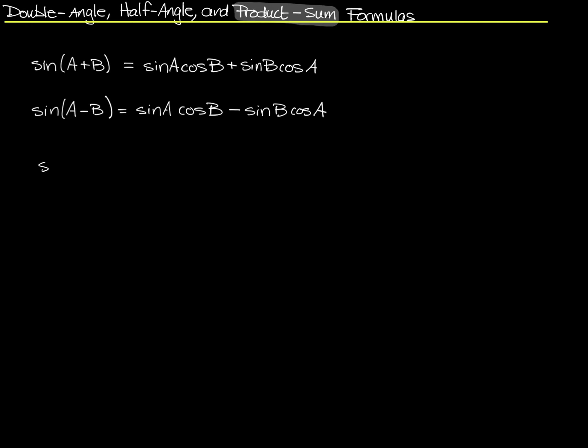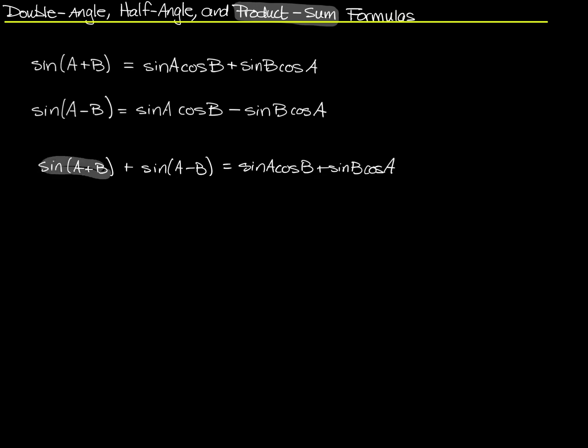If I take the sine of A plus B and add the sine of A minus B, that has to be equal to sine A cosine B plus sine B cosine A. That's this one.